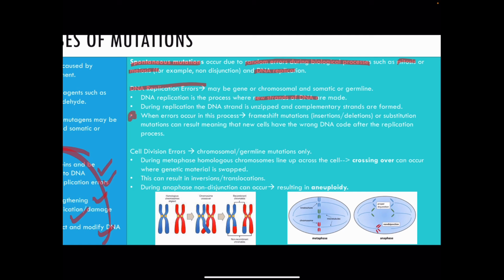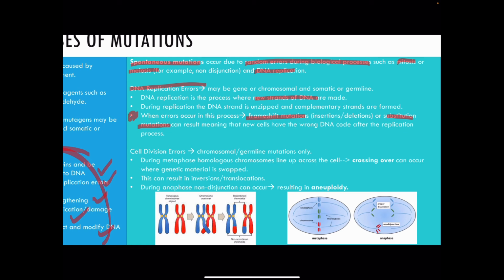Now, errors can occur during this process. These errors include frame shift mutations, so those insertions or deletions, and we can also have substitution mutations. I'm not going to go over those mutation types because I just did, but basically, we're changing the nitrogenous base sequence, therefore the codons, and therefore the amino acids that are going to be strung together to form a protein chain.